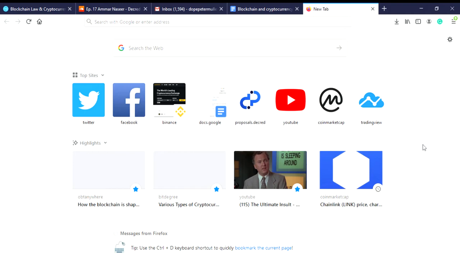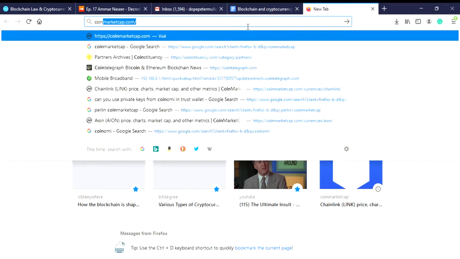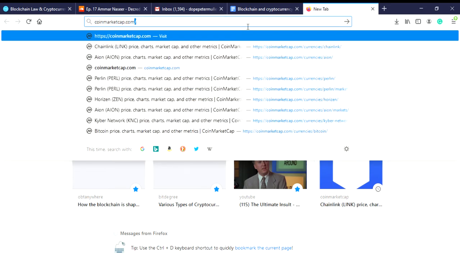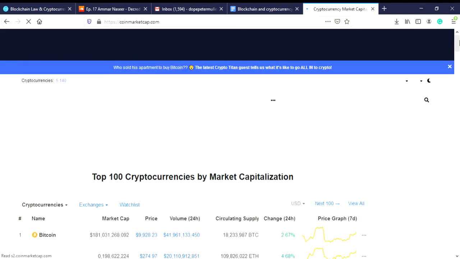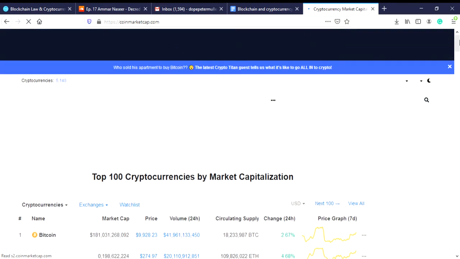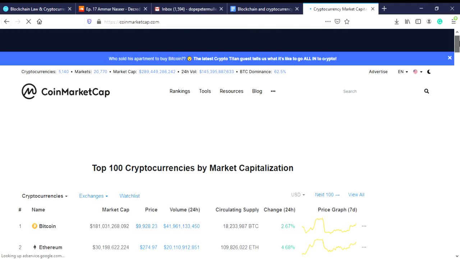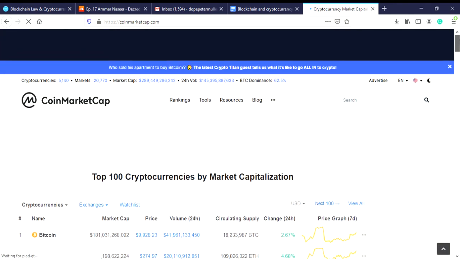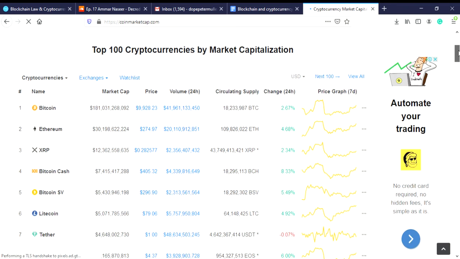So to be a trader, the first thing you need to know is CoinMarketCap. CoinMarketCap is an aggregator website where you could see the lists, the prices, the numbers of basically most cryptocurrencies in existence.